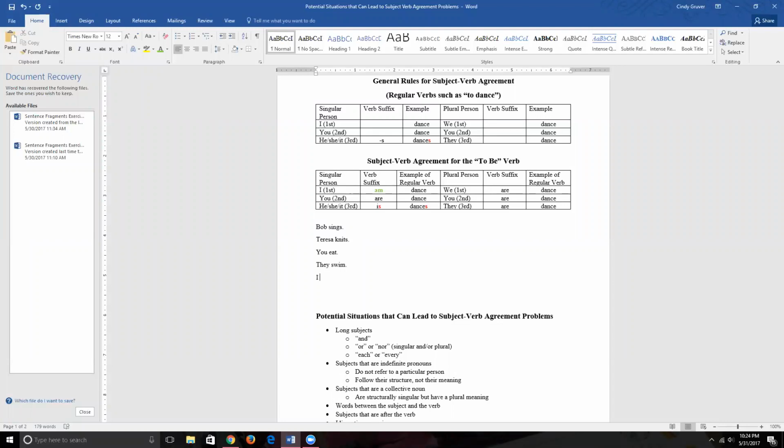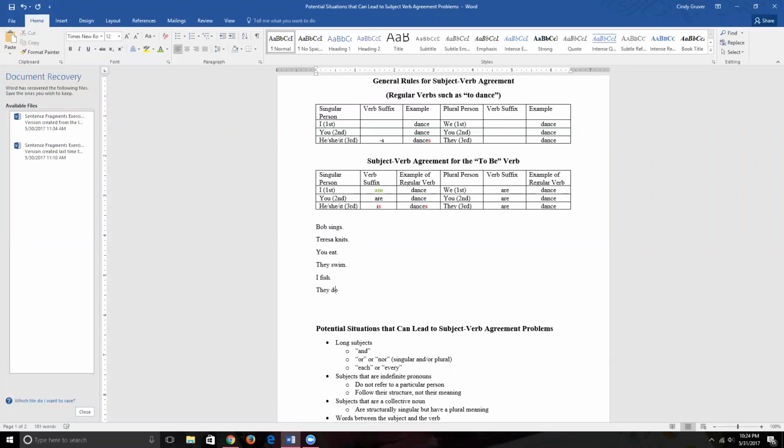I fish. They do. This is just some examples of how the verbs work. In every one of these cases, if I had told you what the infinitive was and what the subject was, you'd have no trouble completing the sentence and adding the verb. We don't have to think to do this.